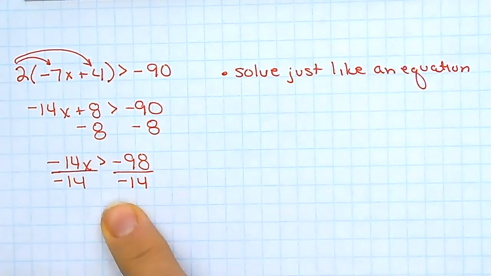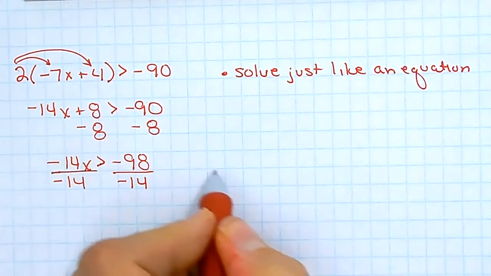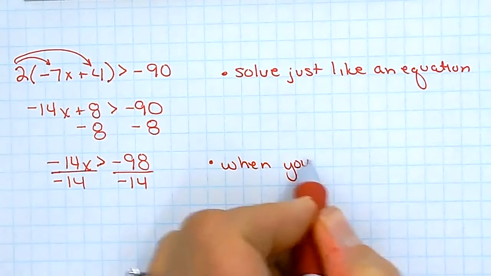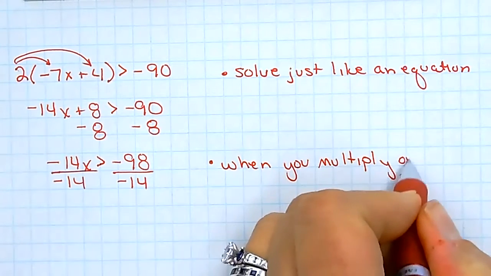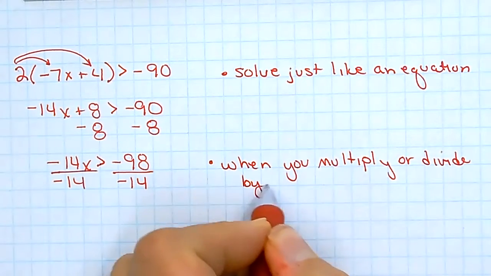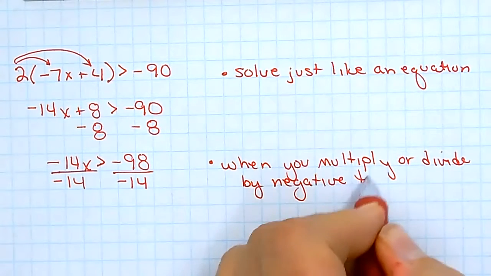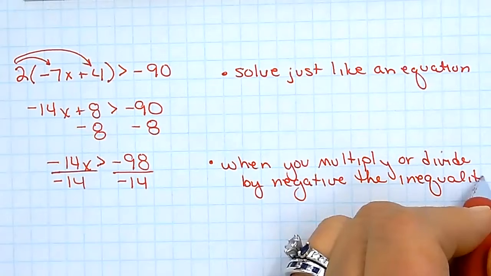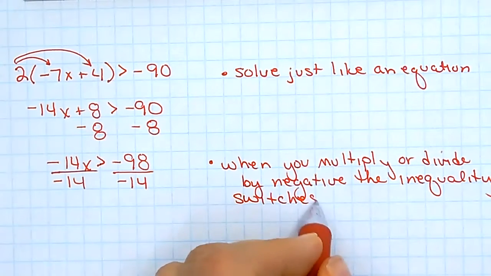Now this is where one of those things happens. Because we're not working with an equal sign and we're working with an inequality, when you multiply or divide by a negative, the inequality switches directions.